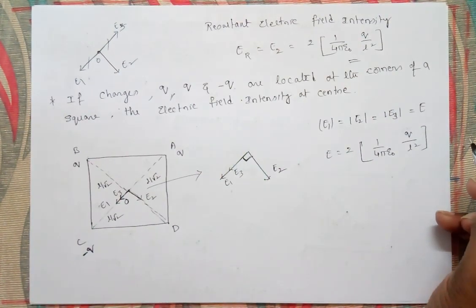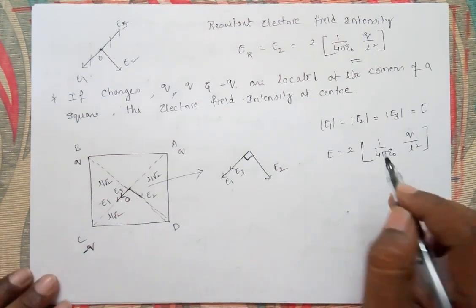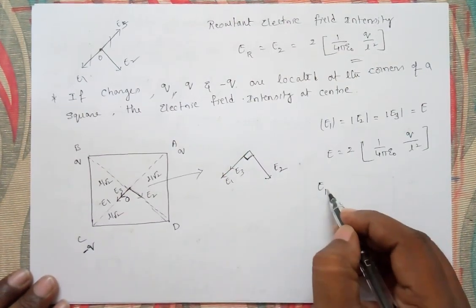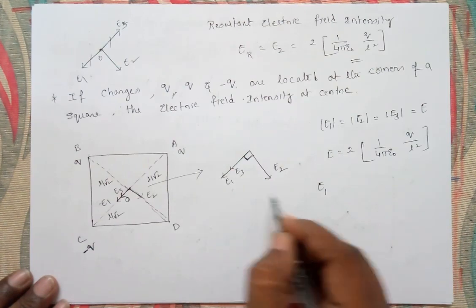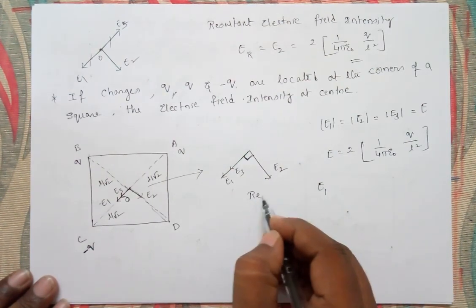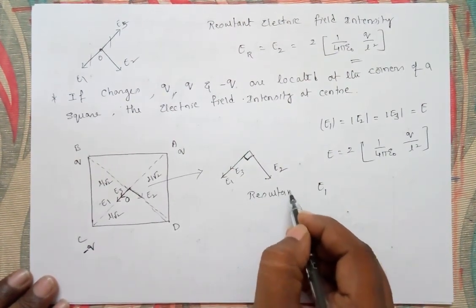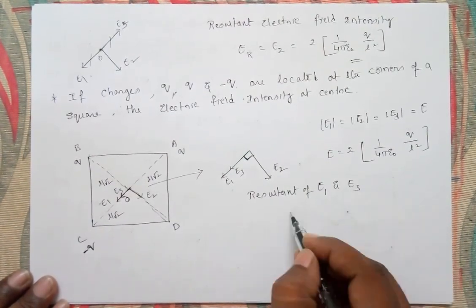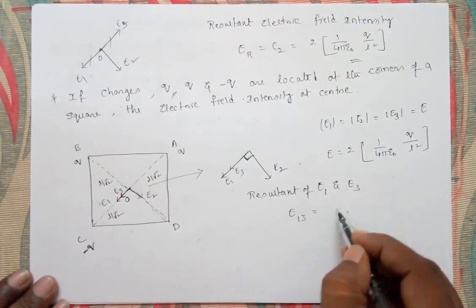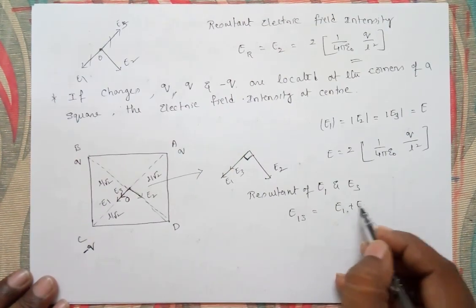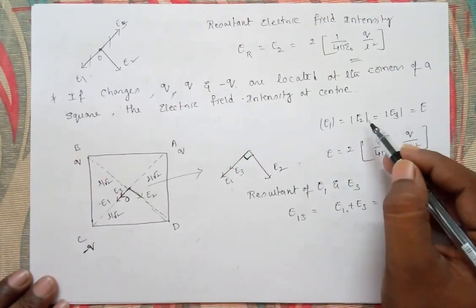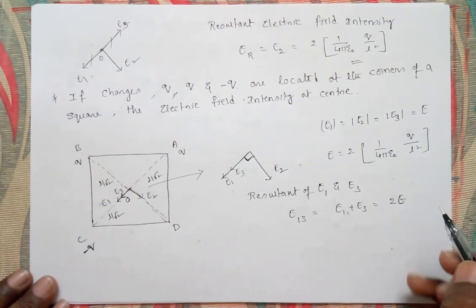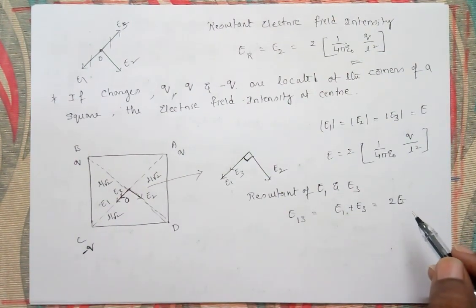Now E1 and E3 are in the same direction, so the resultant E13 equals E1 plus E3, that is E plus E, which is 2E.